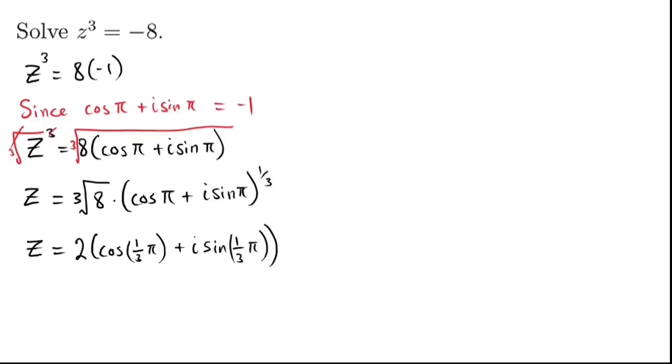Okay, so just a quick reminder, De-Moivre's theorem states that if I have the number r cos theta plus I sine theta, raised to the power n, that n can become the power of r, and then the theta multiplies n.